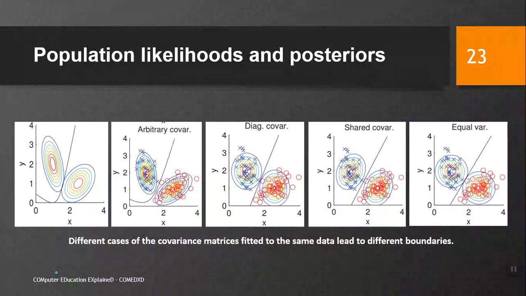Population likelihoods and posteriors. Here we have different kinds of population likelihoods and posteriors. For example, if we have our data X and we want to make assumptions about it, what could the assumptions look like? Arbitrary covariance, like this given here: different cases of covariance matrices fitted to the same data lead to different boundaries, right. If we assume arbitrary covariances, you can see this kind of discriminant function.